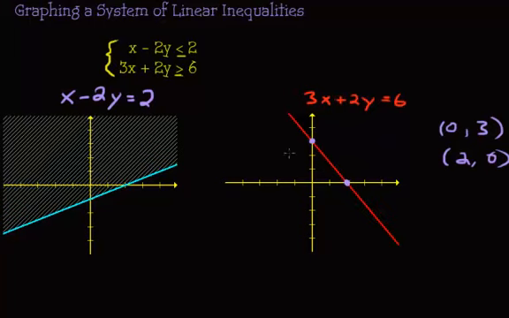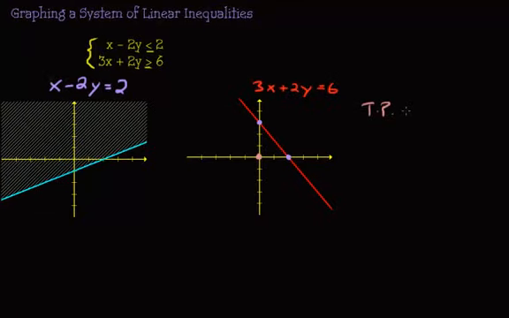The last step would be to figure out what side to shade. So we're going to do a test point. Let's just do the origin with this one. Now remember that we are plugging it back into the original inequality. So that would be 3x plus 2y greater than or equal to 6.